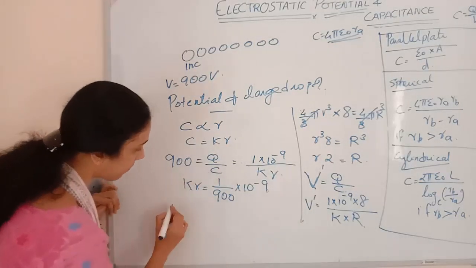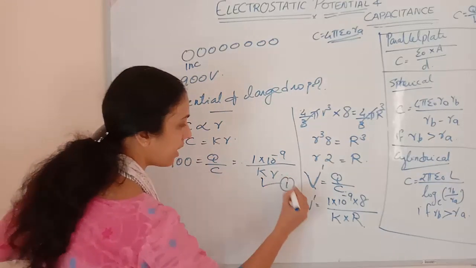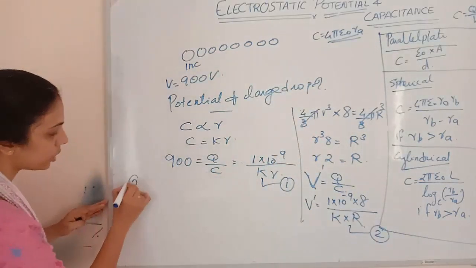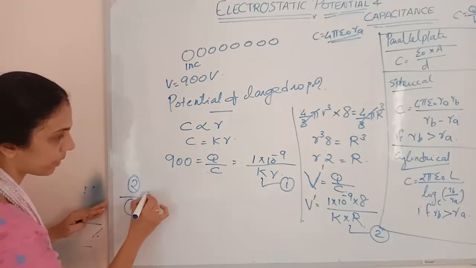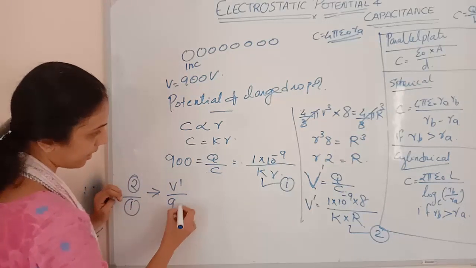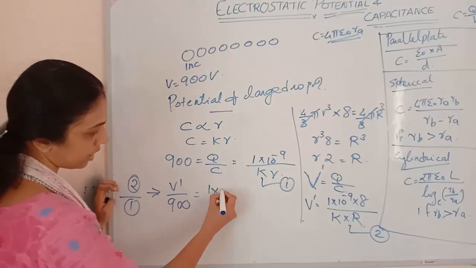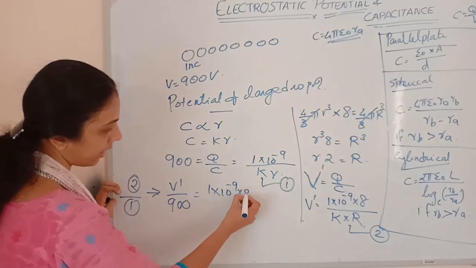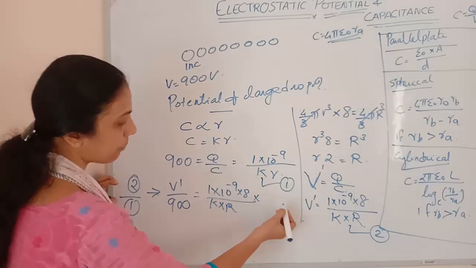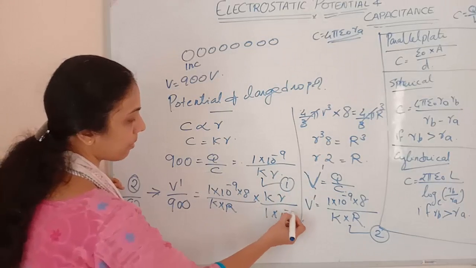So here instead of this we can keep like this only. This is equation number 1 and this is equation number 2. And I am dividing 2 by 1. So V dash divided by 900 equals 1 into 10 to the power minus 9 into 8 divided by K into capital R, taking the reciprocal and multiplying 1 into 10 to the power minus 9.